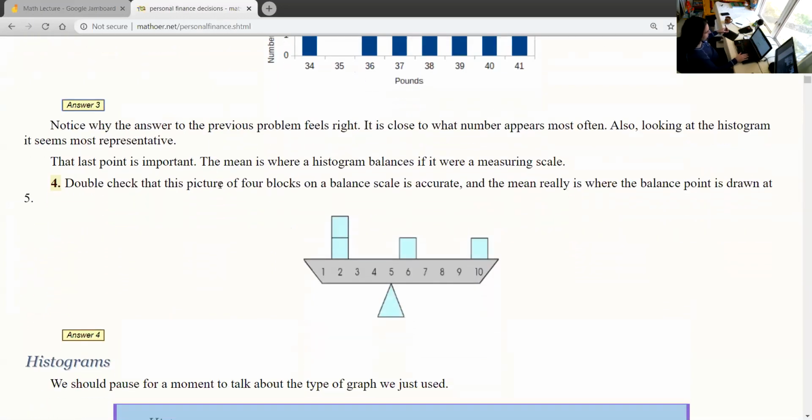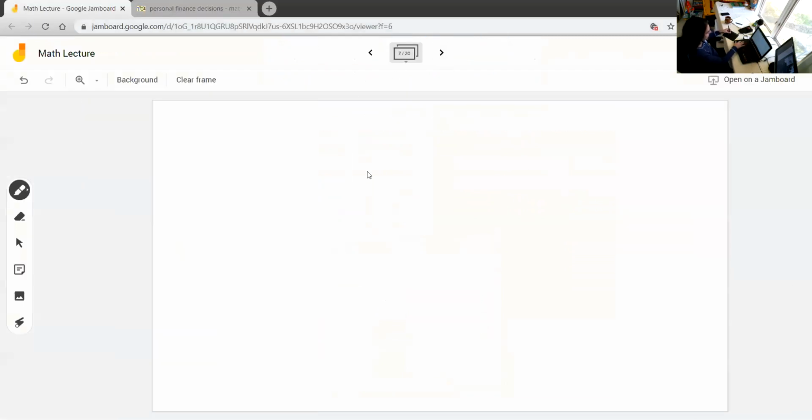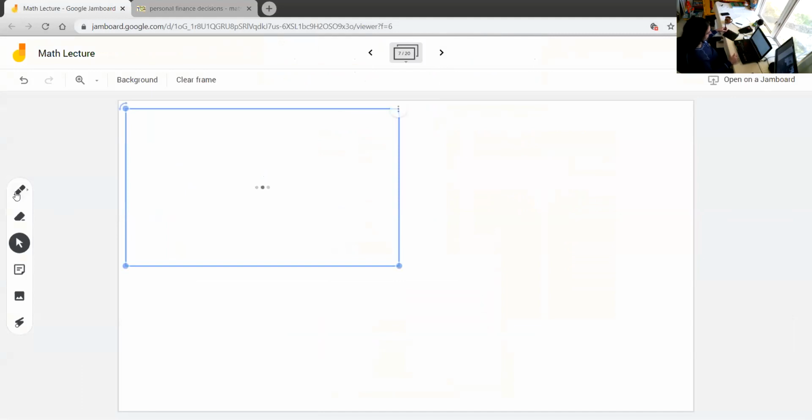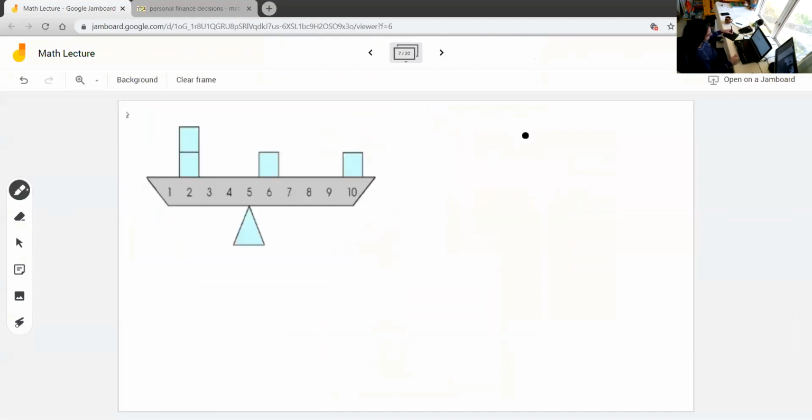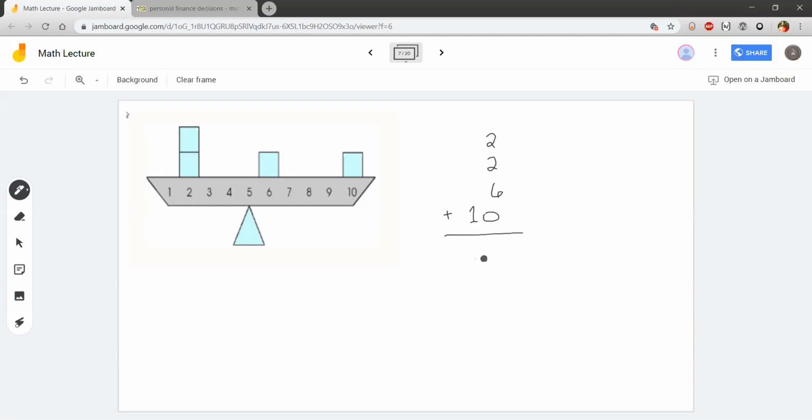Here's another one like that. So here I have 2, another 2, a 6, and a 10. If I add them all up together, what do I get? 20.